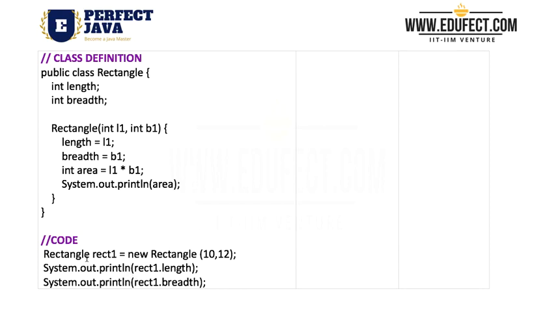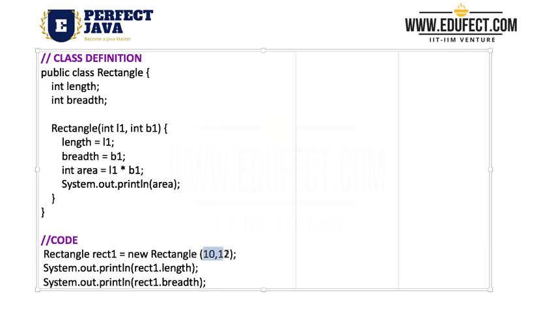So here we are saying rectangle rect1 is equal to new rectangle 10, 12. So what are the parameters we are passing? 10 and 12. So L1 will take the value 10, and B1 will take the value 12. So now what will this rectangle look like? This is rect1.